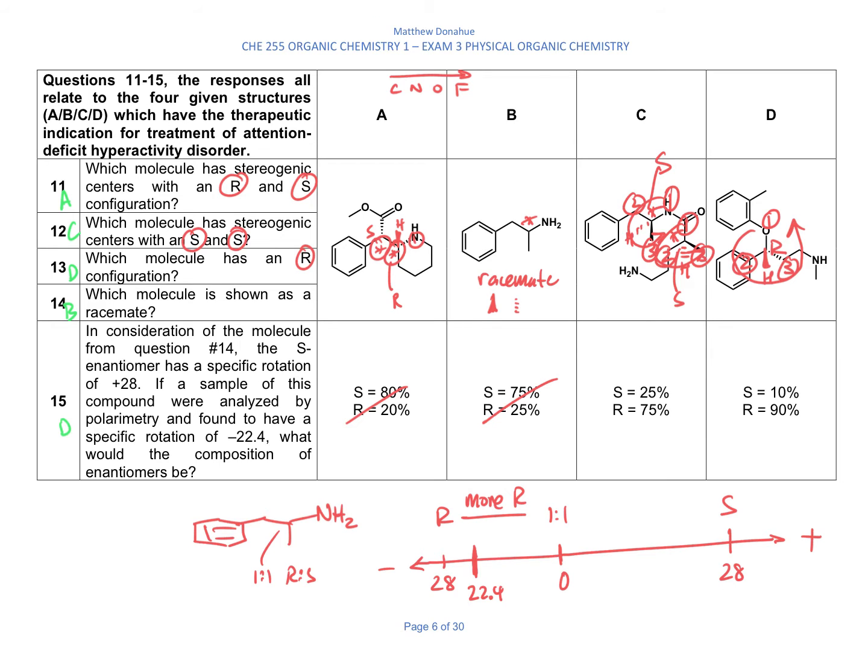R is greater in C and D. And we need to think about what the 22.4 is telling us versus what these compositions are telling us. So 22.4 over 28. If we divide both of those by 2, we get 11 over 14, and then maybe just estimate either way.